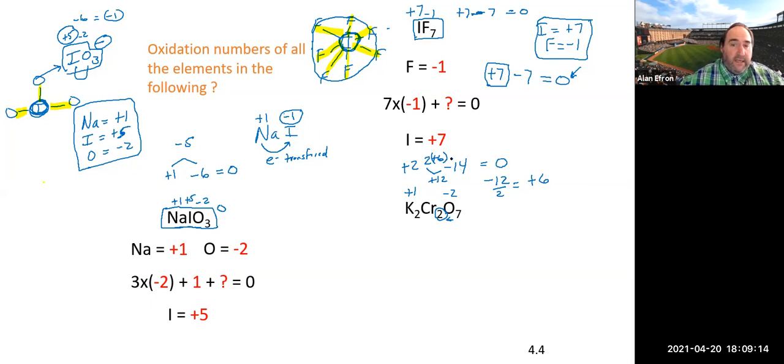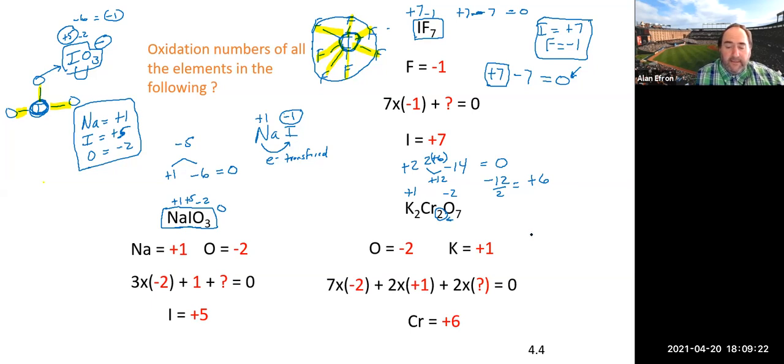Minus 14 is 0. So in this particular case, the oxygen carries a -2 oxidation state, potassium carries +1, and chromium would carry a +6 oxidation state. Again, those would be the oxidation numbers we would want to put together. Any questions on that?